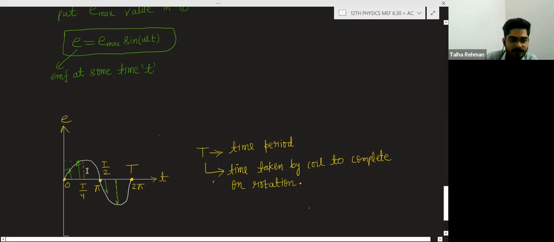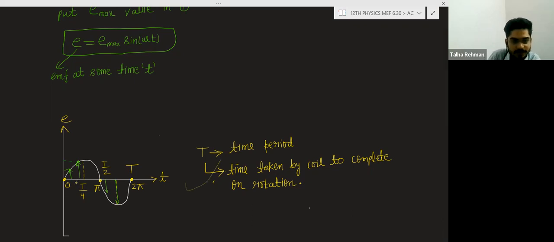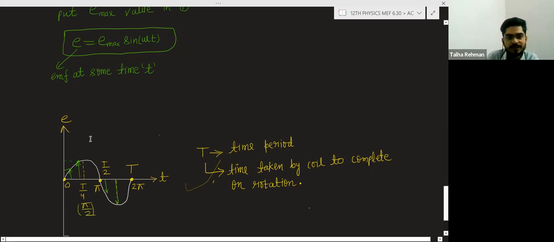And at this point, this is the value at pi by 2. When this omega t becomes pi by 2, this EMF will become maximum. So this is the graph, and this capital T is the time period.